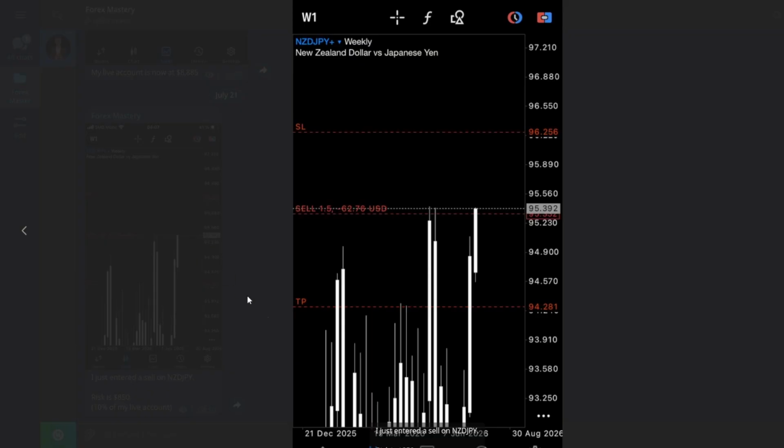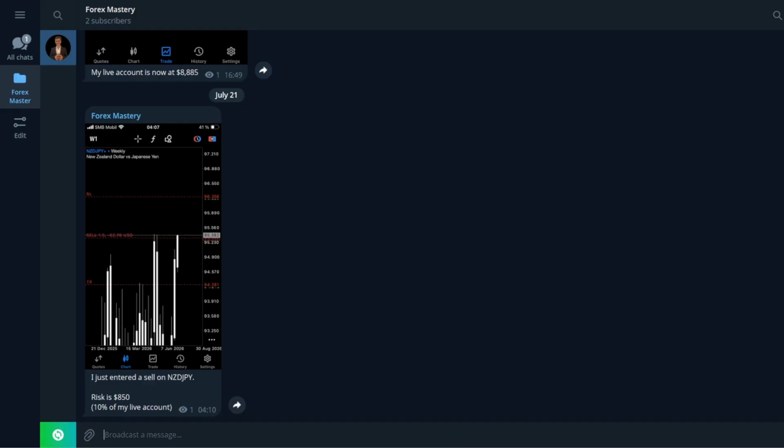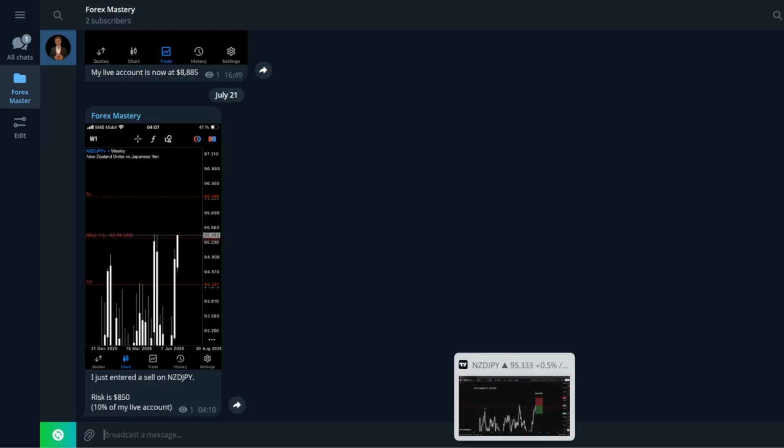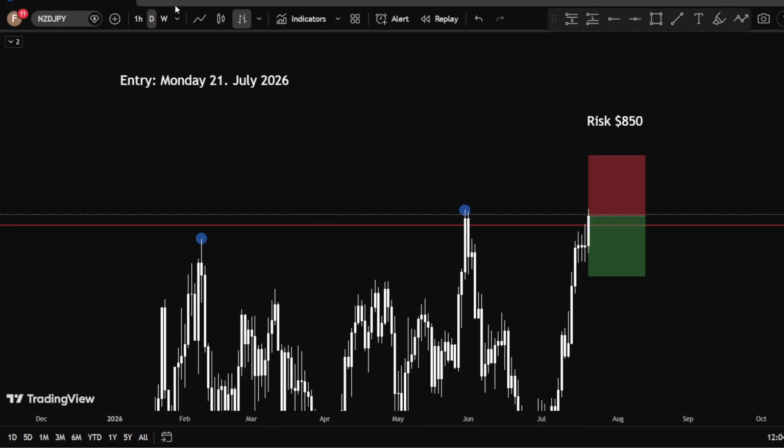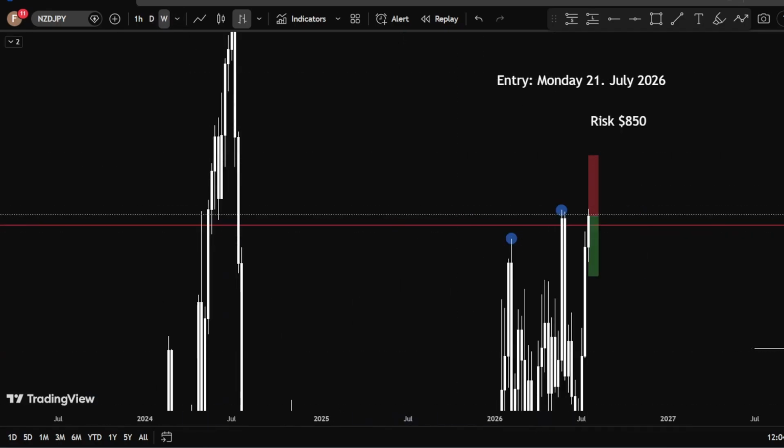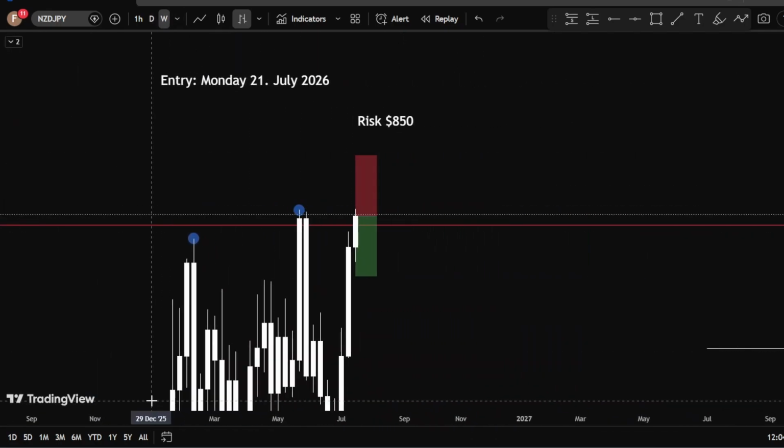If you were to go to this right now, I think it's still in a good spot. On the weekly, it still makes sense as well, but this is a daily setup.